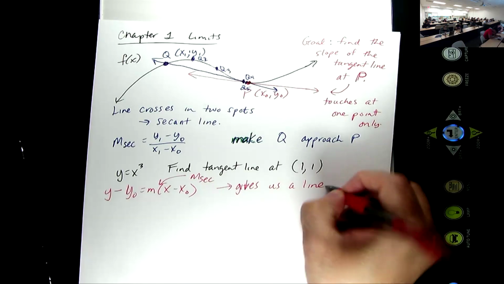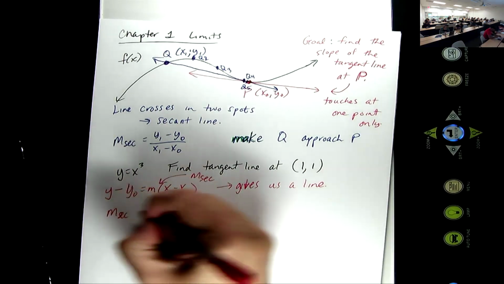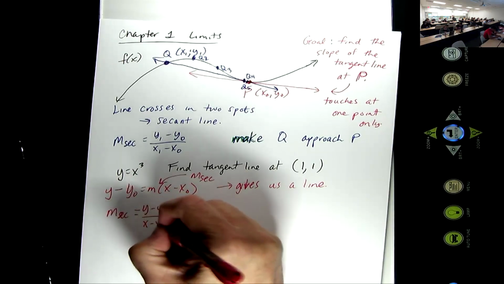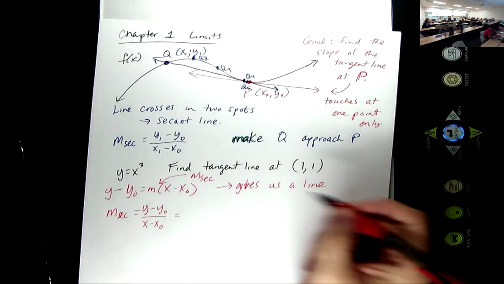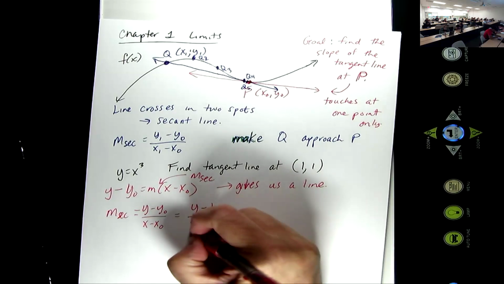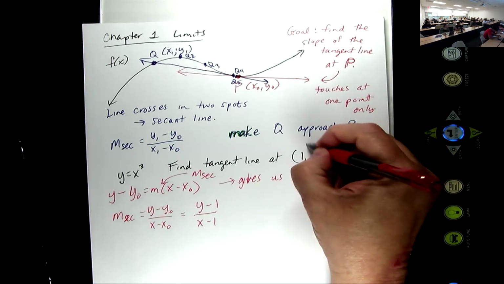So let's solve for m secant, and we had it over here. M secant is y minus y naught over x minus x naught. And x naught and y naught are both 1. We're doing it at this point here.